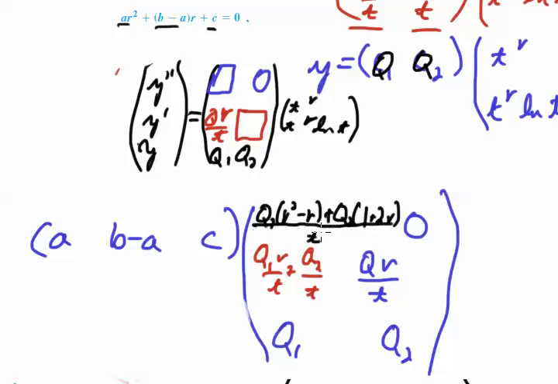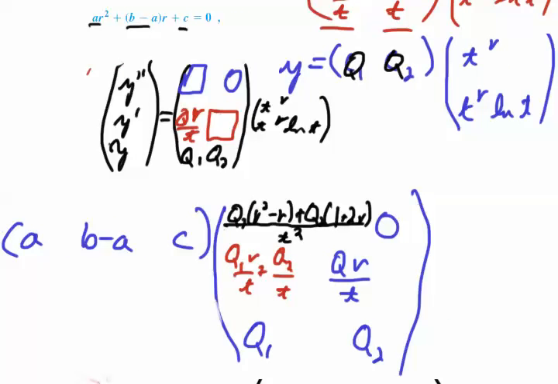If this thing is correct, though, all of your q1 terms should cancel out, and all of your q2 terms should cancel out once you multiply it by a and b minus a and c. And since it's a double root, you'll be able to use that.